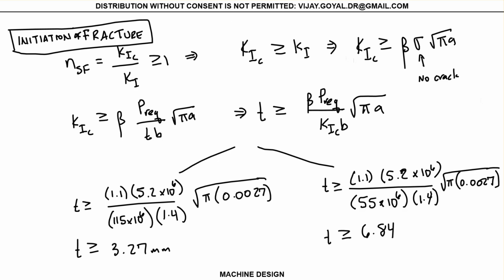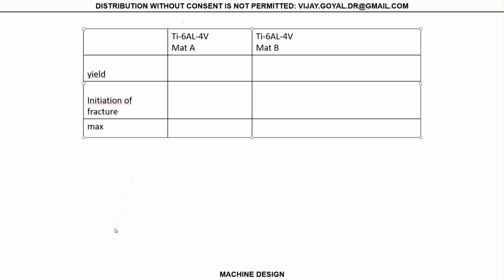So let's put everything in a tabular form to understand how the numbers work. Let's do material A. I found for material A that my minimum thickness was 4.09 millimeters. For my initiation of fracture it was 2.29 millimeters.